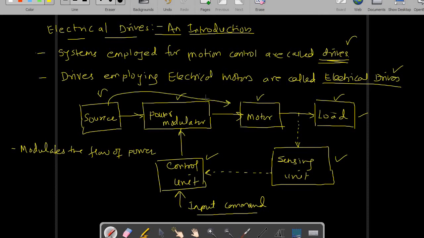So as per the requirement of the motor, the power flow is modulated, and in such a way that the motor is imparted with the torque speed characteristics required by the load.